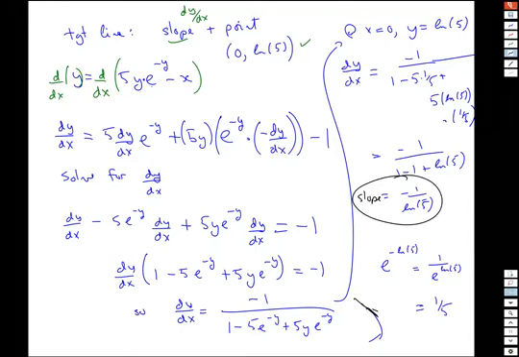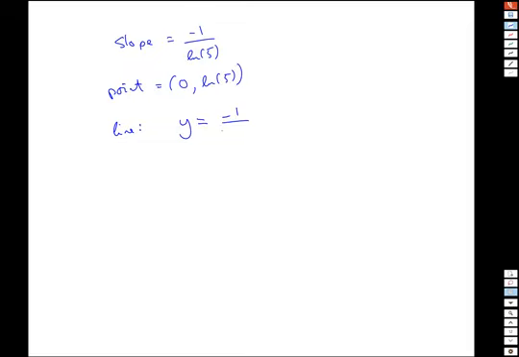And once you have your slope and your point, you put the two ingredients together using any formula you happen to remember for straight lines, but I'll do it this way. The slope is -1 over ln of 5. The point is 0, ln of 5. And so the line is y equals the slope, -1 over ln of 5, times x minus x naught, which is 0, plus ln of 5.